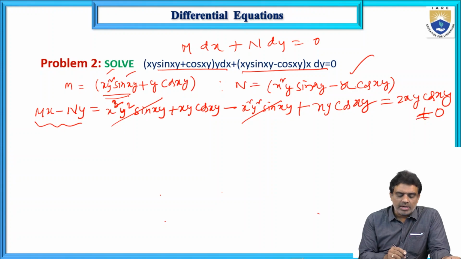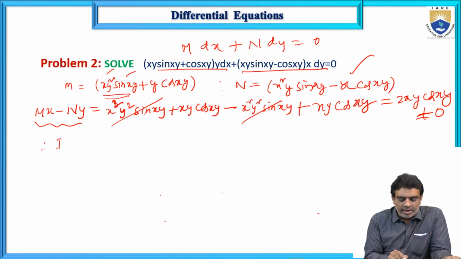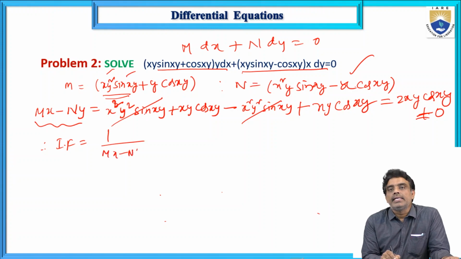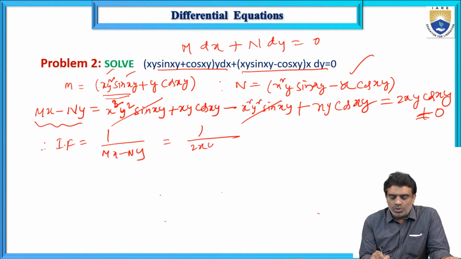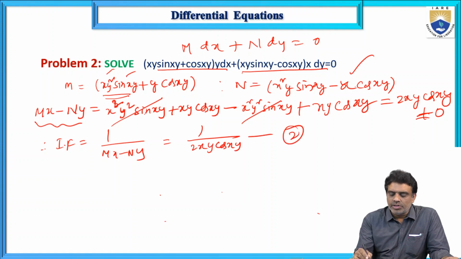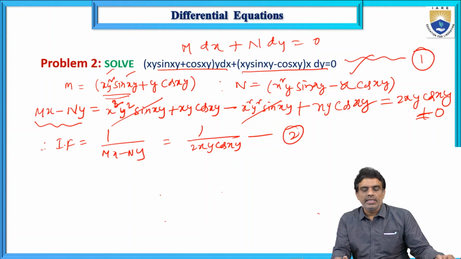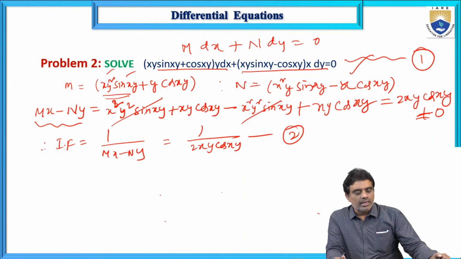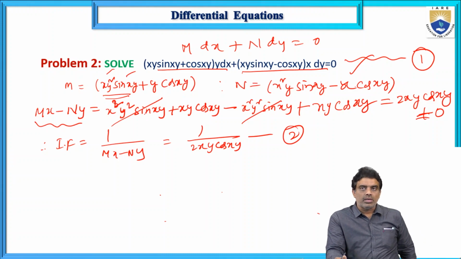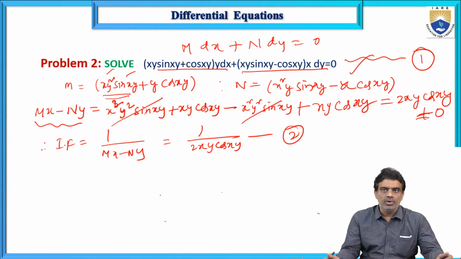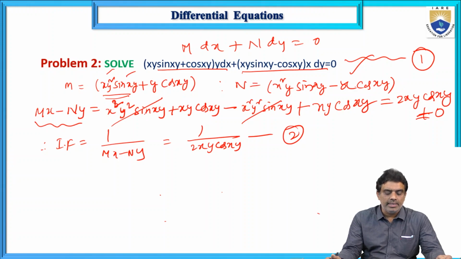So then what is our conclusion? The integrating factor will be 1 by Mx minus Ny. So what is the integrating factor? 1 by 2xy cos xy. Call this equation 2 and the original equation number 1. So here we have checked whether the equation is exact or not. That can be done by calculating ∂M/∂y and ∂N/∂x.